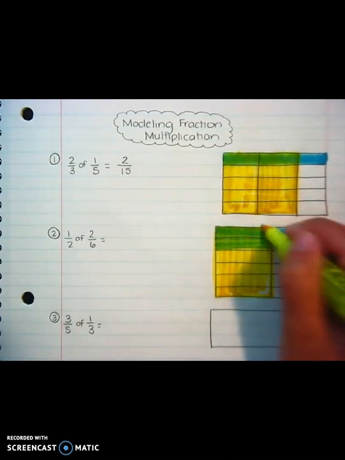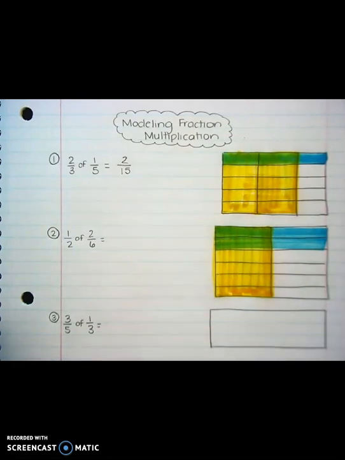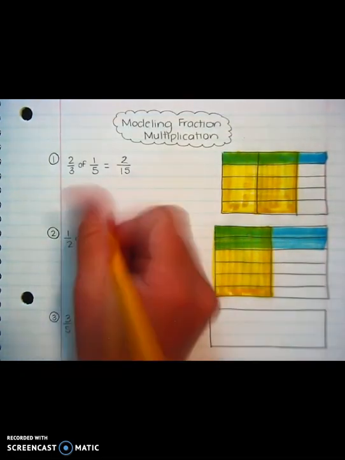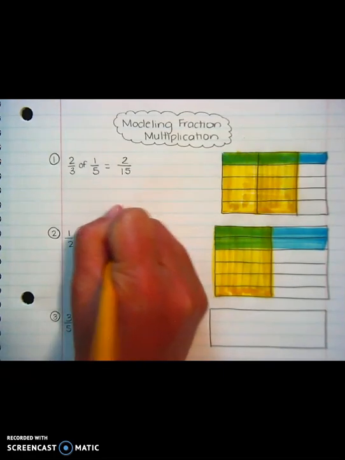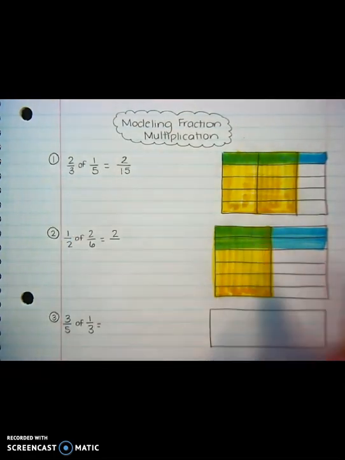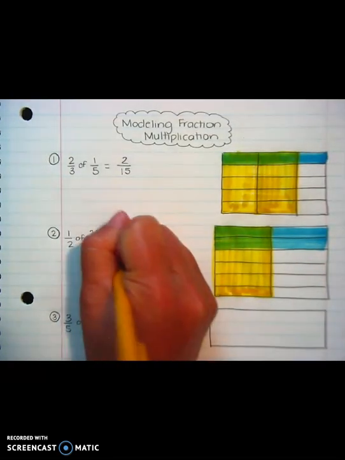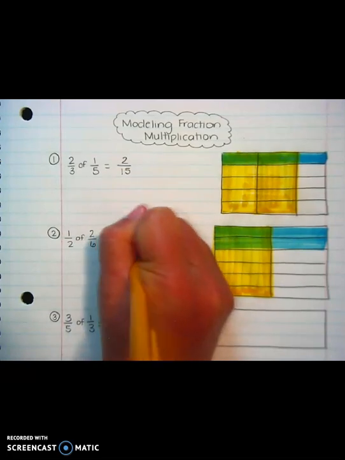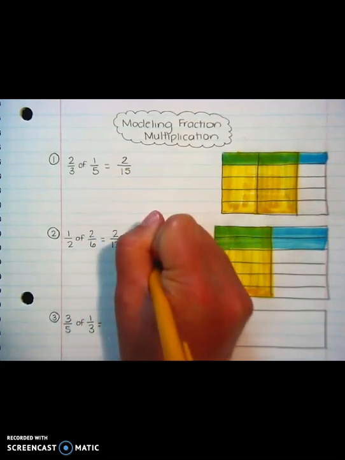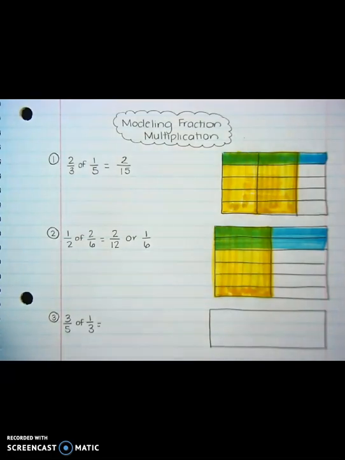That part that turns green, or the overlap, is going to represent my answer. So now, again, I have a numerator of 2 because I have 2 pieces that are shaded in green out of 1, 2, 3, 4, 5, 6, 7, 8, 9, 10, 11, 12. 12 equal size pieces. So my final product here is 2/12, or we know if we wanted to put that in simplest form, it could be 1/6.